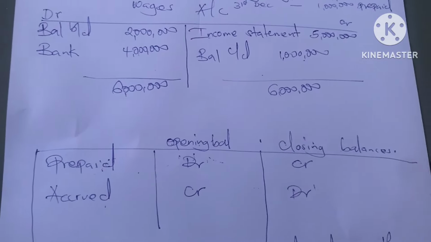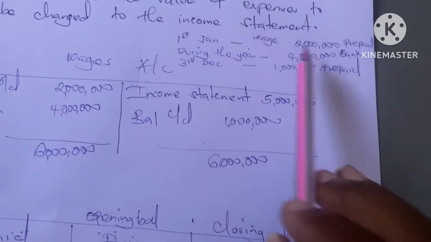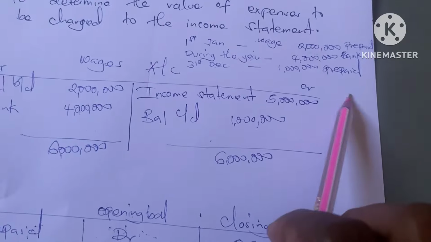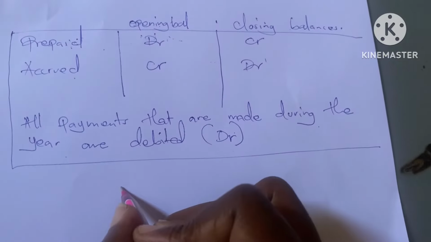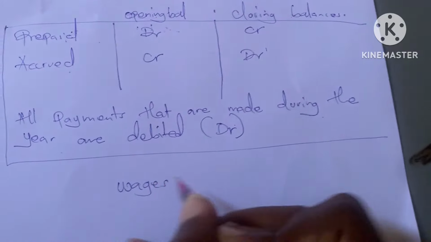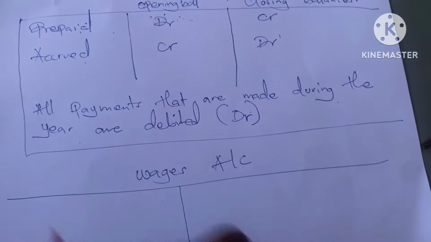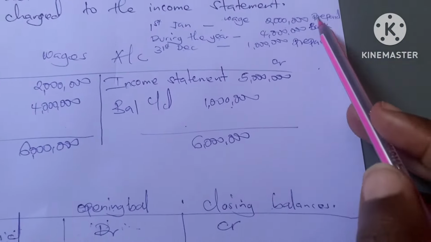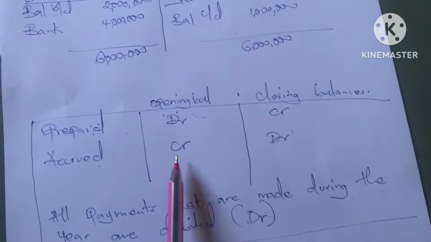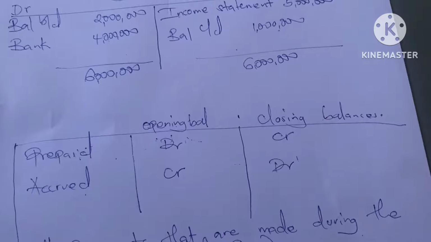So let's have an example whereby it is accrued. Let's imagine the opening balance is accrued and even the closing balance is accrued. So when we are preparing the wages account, debit and then credit. If the opening balance is accrued, we credit. The closing balance, we debit.